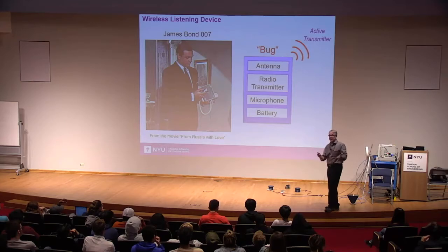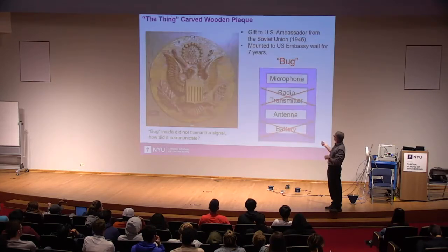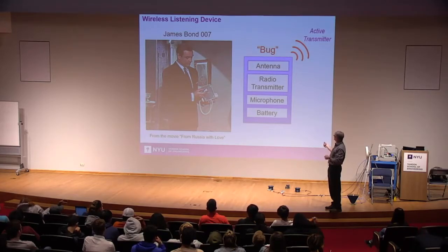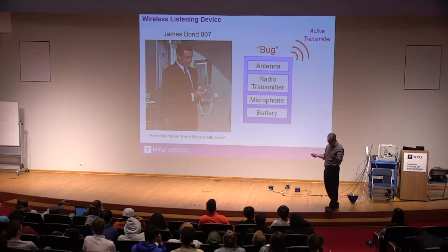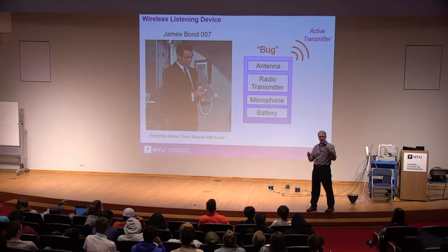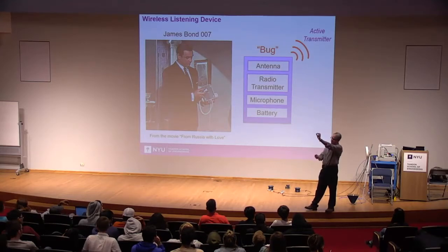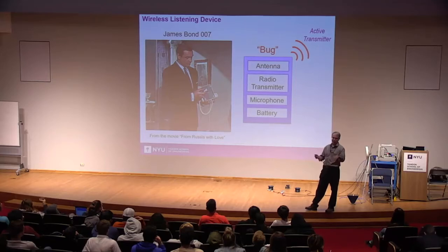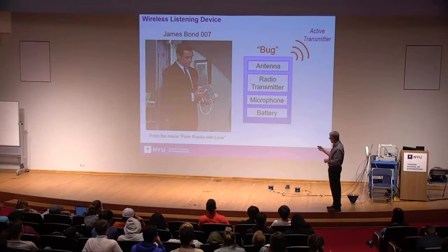In that case, that's an active transmitter. The bug itself has an antenna, a transmitter, a microphone, and a battery, and it is sending out sine waves into space. And 007 is a receiver, and he just measures that energy, and says, oh yeah, the bug is there. He takes it out, and this one was from Russia with Love, that's where the image came from, so he usually drops it in a glass of water or something to get rid of it. I don't think he flushes it down the toilet, that's probably too uncool for James Bond.